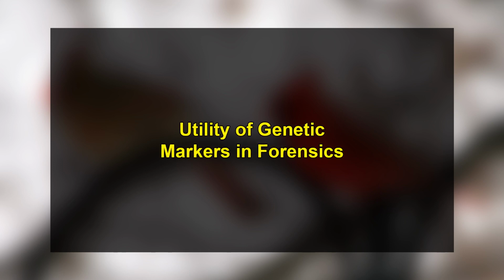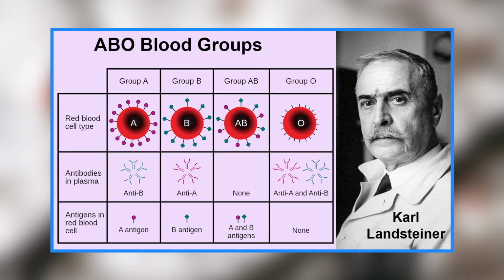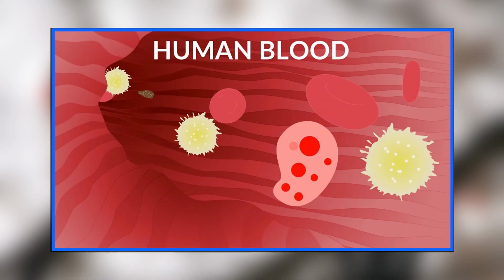Dear students, let's now discuss the utility of genetic markers in forensics. Like other subjects, forensic genetics gradually emerged and developed through long-term social practice. Following the discovery of the ABO blood groups by Carl Landsteiner in 1900, human blood type was used in identification, and forensic genetics entered the scientific age.